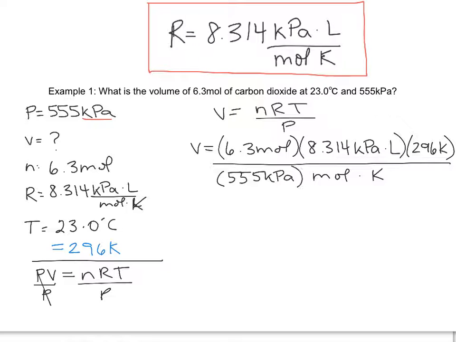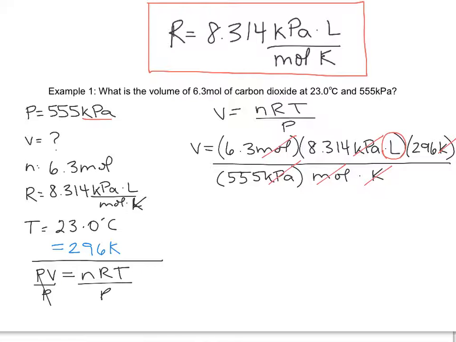kilopascals. Okay, so we can do some unit analysis to make sure that everything cancels out. So I have moles crossing out with moles, kilopascals with kilopascals, kelvins with kelvins. I'm left with liters hanging out here, which makes sense because I am trying to solve for a volume.